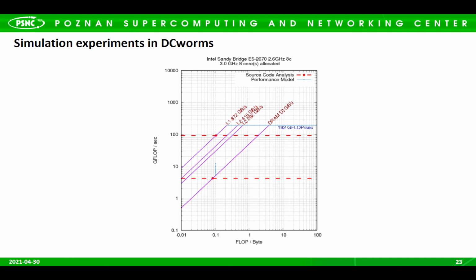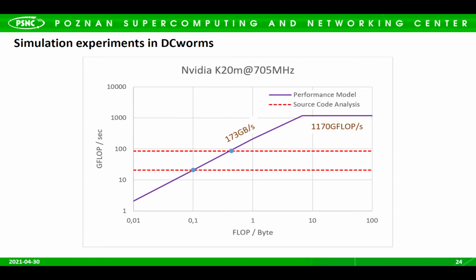Horizontally, blue lines present the maximum achieved performance for the current frequency and number of allocated cores. Diagonally, purple lines show the bandwidth of RAM and cache memory. Here is another example for the GPU.